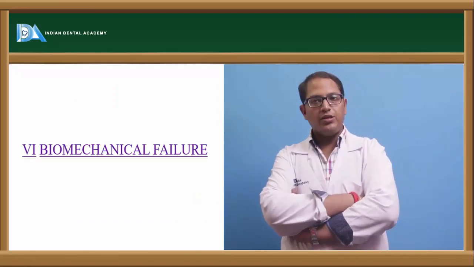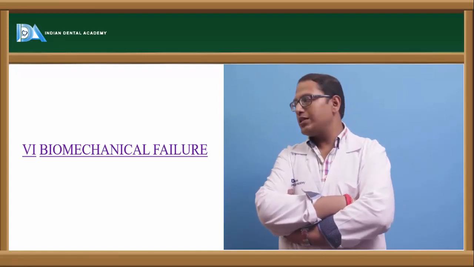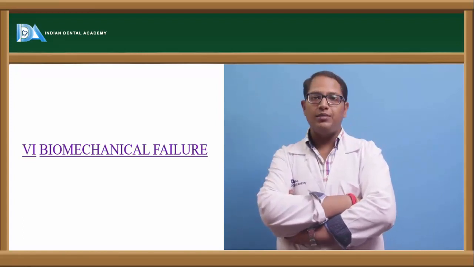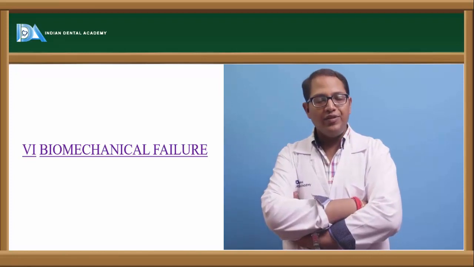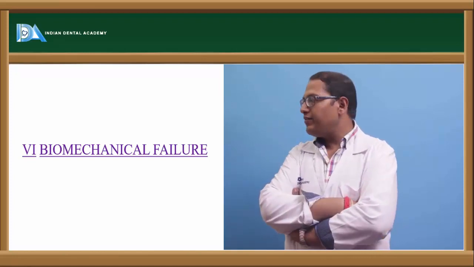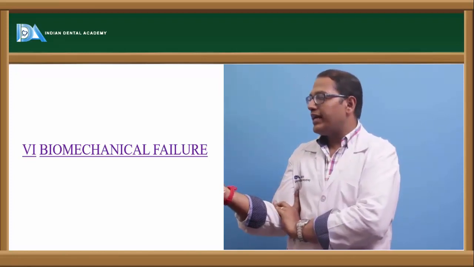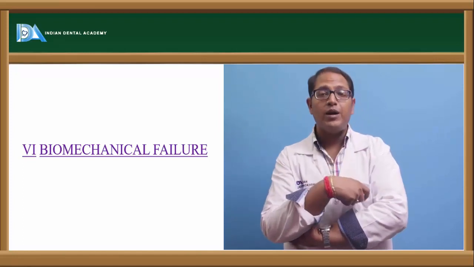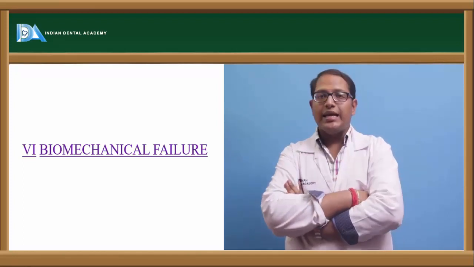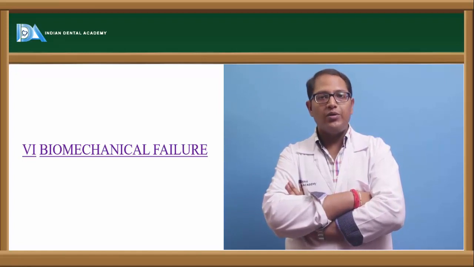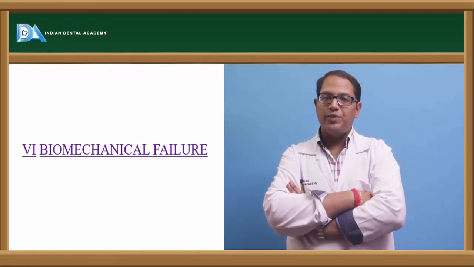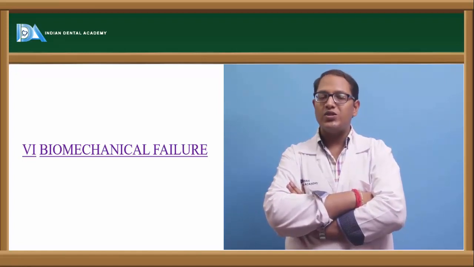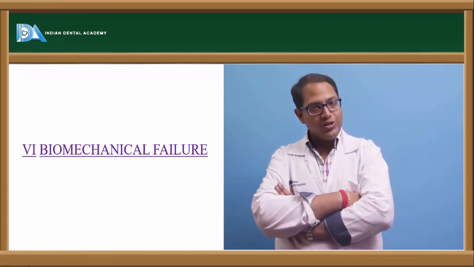Now coming to the biomechanical failures, what does the biomechanical failure mean? Biomechanical failure means that anything which fails because of the biomechanical structure of the fixed partial denture. Generally, why are the fixed partial dentures prepared? So that the occlusal load is transferred as it was in the natural teeth.